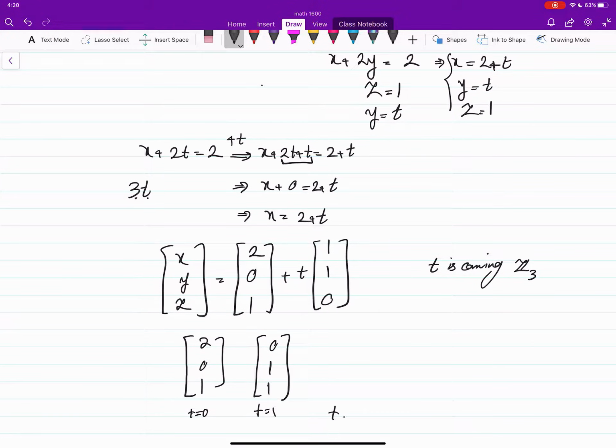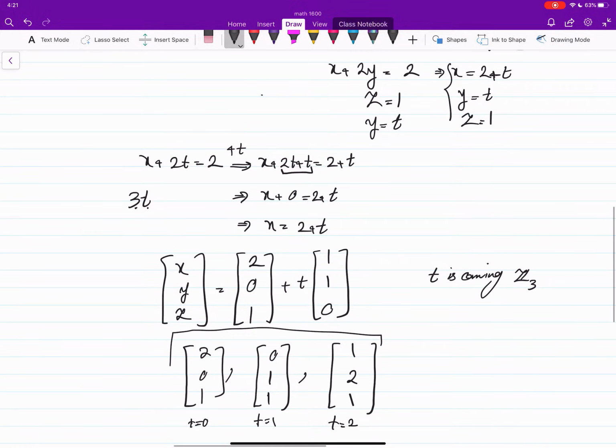And when t is 2, that's another one. 2 plus 2 is 1. 2 times 1 is 2 plus 0 is 2. And 2 times 0 is 0 added to 1. So this system has exactly three solutions that we found here.